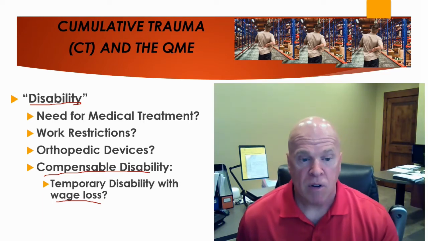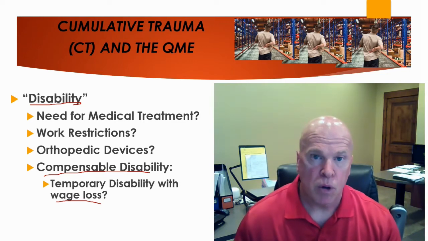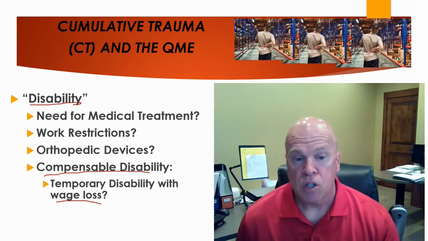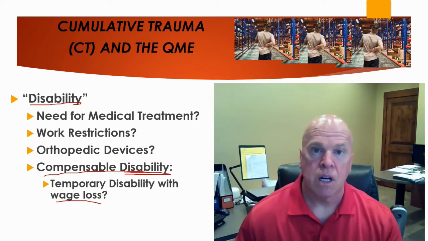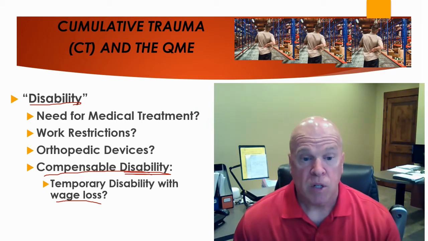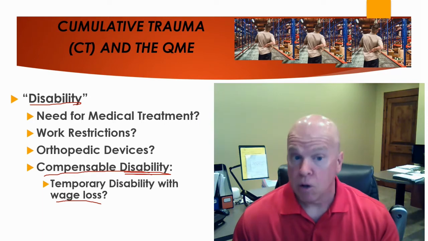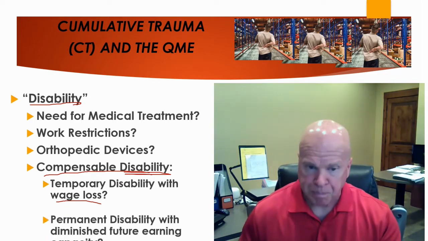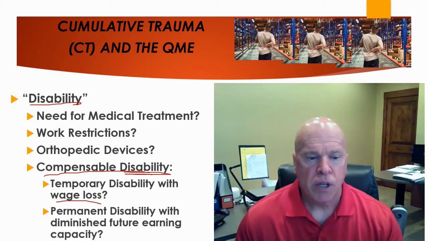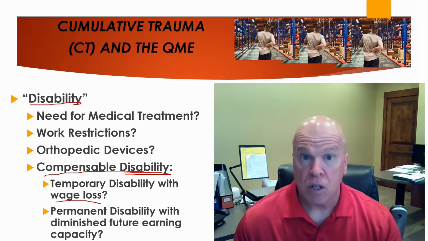In other words, they never suffered wage loss. Are those employees excluded from establishing a disability, and from establishing a claim for cumulative trauma injury under Labor Code 5412? What about employees who suffered a permanent disability?